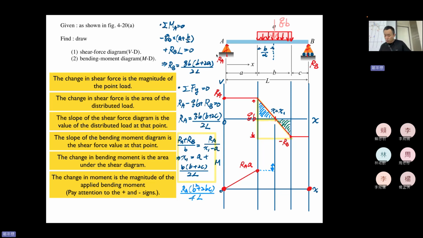Because we just have the value of x1, right? Minus A should be this length and times RA. So we have RA, this one, okay? And the value, the difference.